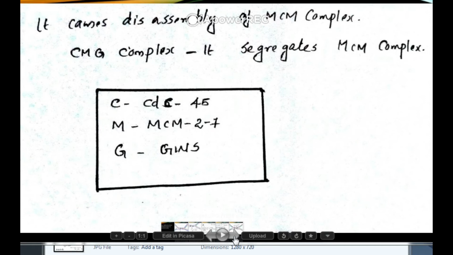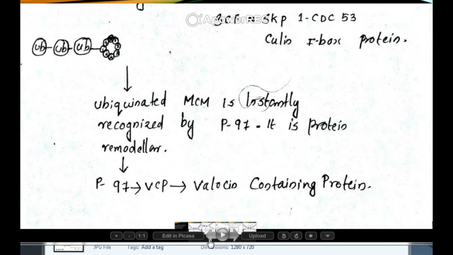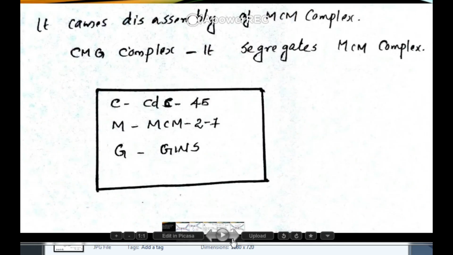P97 is a segregase protein, and it segregates the CMG complex.